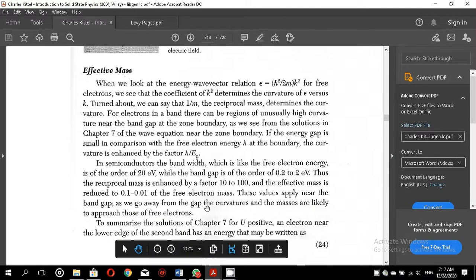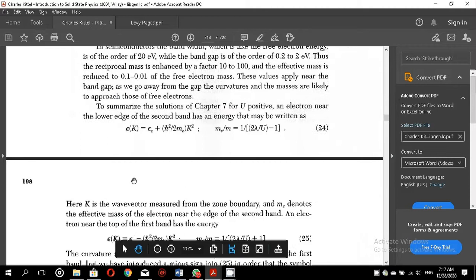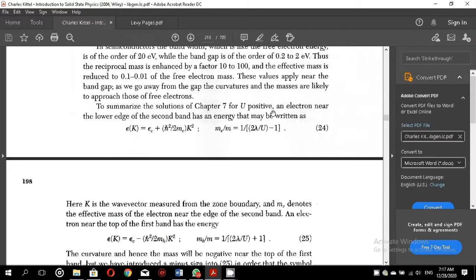As we go away from the gap, the curvature and the masses are likely to approach those of the free electrons. To summarize, from the solutions of chapter 7 for U positive, an electron near the lower edge of the second band has an energy given by this equation. Here m_e is the effective mass and m is the free electron mass.